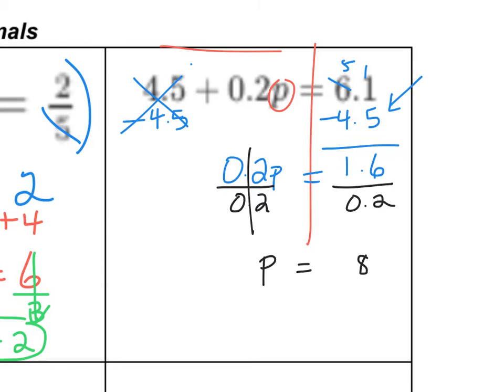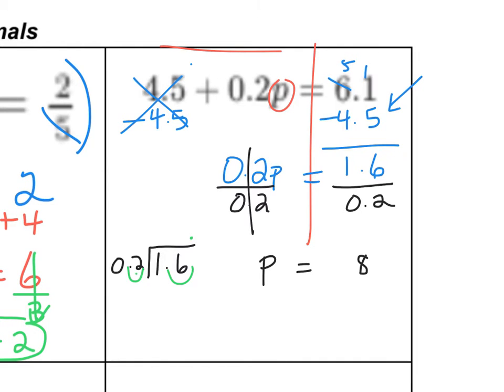I'm going to check that in my calculator, or I could do the math work. I'm just going to check in my calculator. 1.6 divided by 0.2 is, actually it's not 0.8, it is 8. So now let's check that. 1.6 divided by 0.2. The decimal, move the decimal.